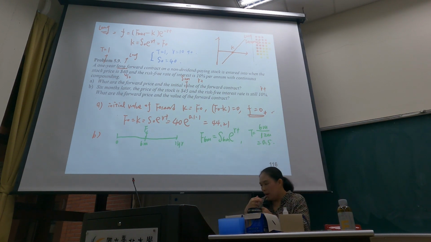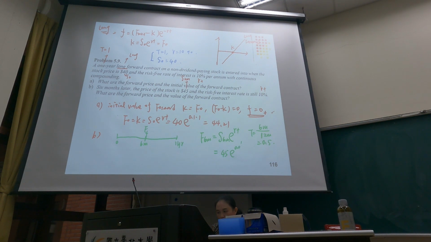So now it equals 45 times e to the power of R, which is 0.1, T is 0.5. Sorry, your risk-free rate is 10%, I'm still in the last question. So you will be able to figure out this is 47.31.